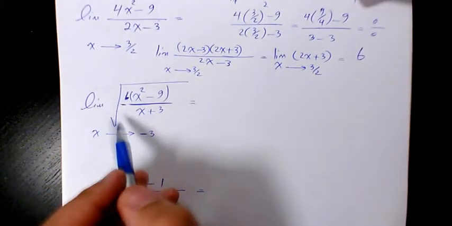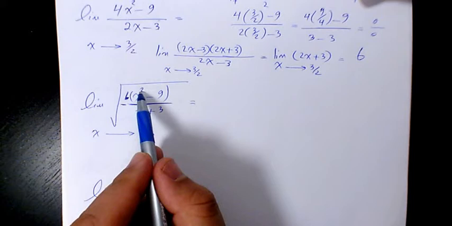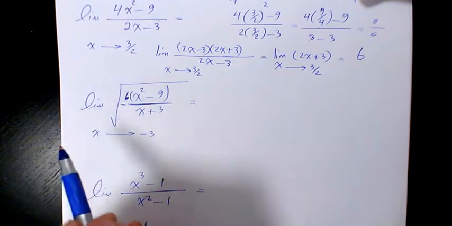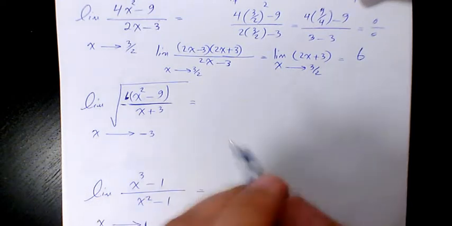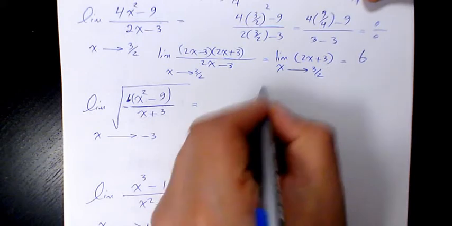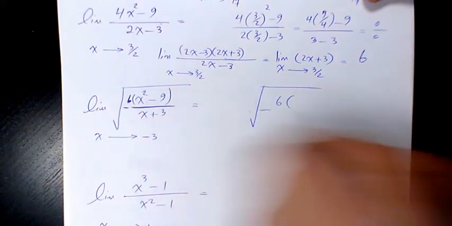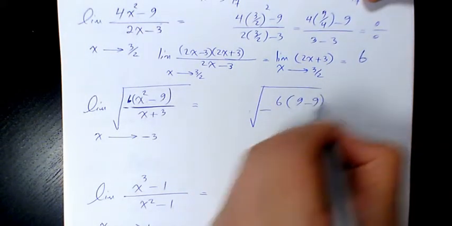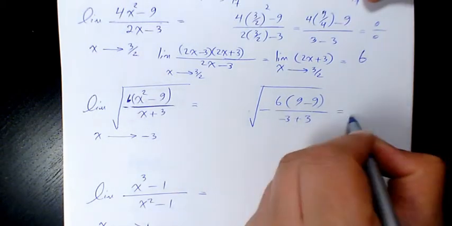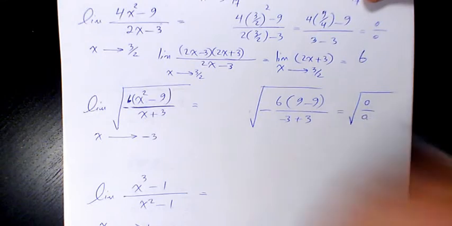Next one, the limit of the square root of (6 times x squared minus 9) over (x plus 3) as x approaches negative 3. So basically here, when you evaluate it, it's going to be the square root of (negative 6 times 9 minus 9) over (negative 3 plus 3), which is the square root of 0 over 0.